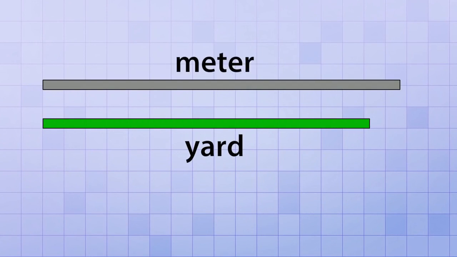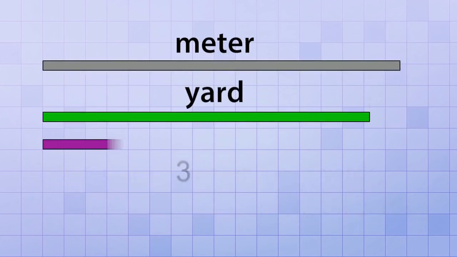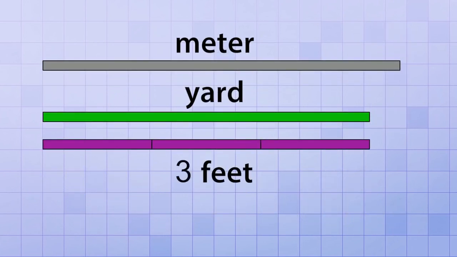Now that we've compared some of the smaller units, let's briefly look at the bigger ones. We learned that a meter is about 10% bigger than a yard, or roughly 1.1 yards. That's a good estimate, but more precisely, to 3 decimal places, a meter is 1.094 yards. A yard is 3 feet, so that means a meter is a little more than 3 feet. How much more?